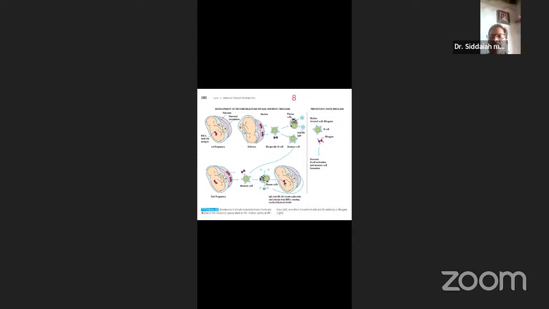Such anti-immunoglobulin antibodies are RhoGAM. RhoGAM is a medical injection. This is the injection given in the case of a second pregnancy.